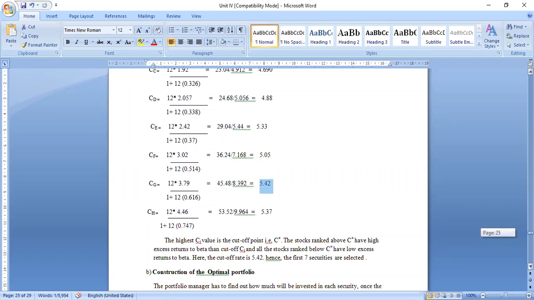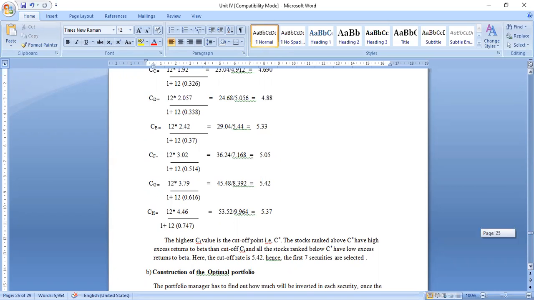Based on this, the highest value, that is 5.42, and all the values which are above 5.42 are in the range of securities that are being selected. But the values after this particular CG, that is the security falling down here, that is 5.37 and so on, will not be considered for calculation of proportion of investment.